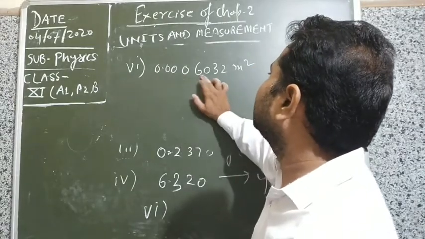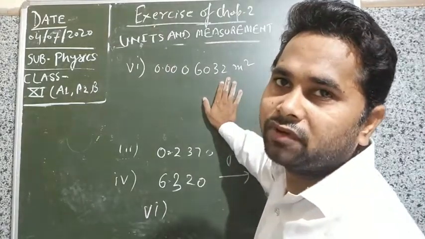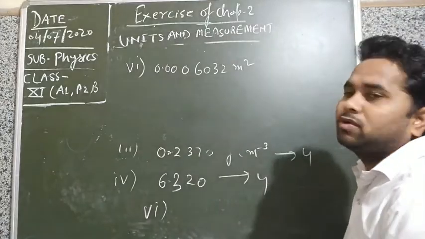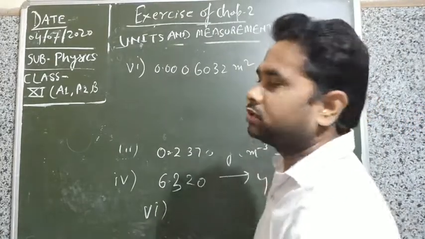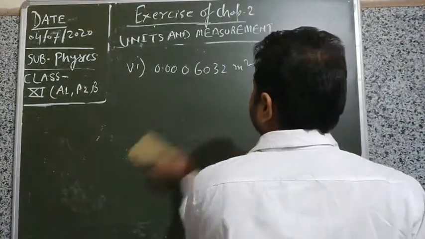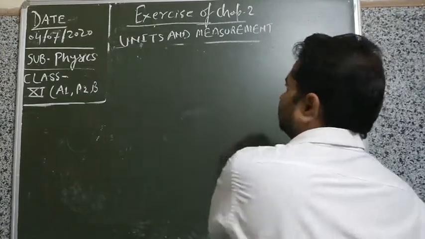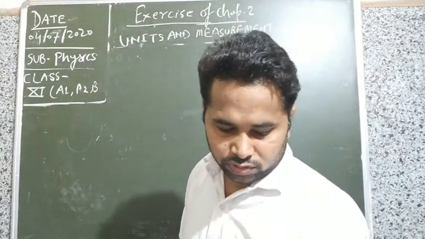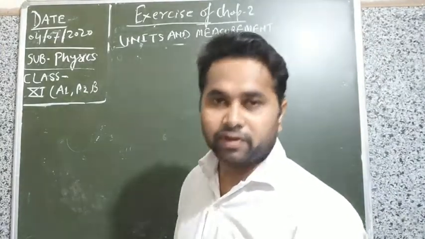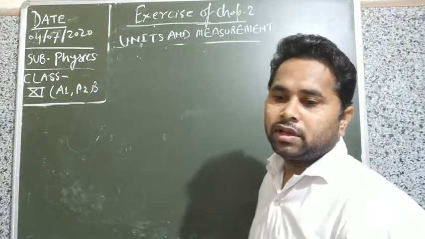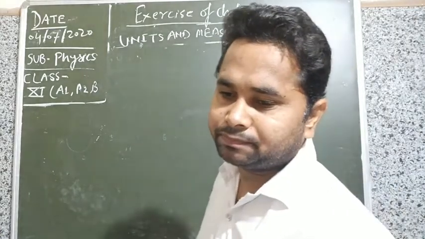So only these 4 are significant figures. So this is about question number 2.10. Go through the rules for getting the significant figures.